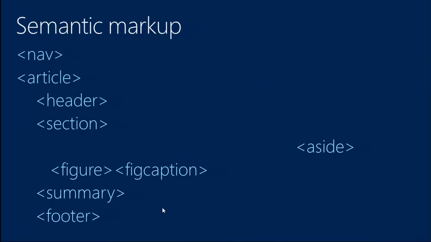Some would say that the article is the stuff that you want to syndicate if you were doing RSS, and everything else is just sort of fluff that goes around it. You have other sections like the nav section, which is where you put your navigation. There are summaries for sections, headers and footers inside of that. And then there's this aside tag that allows you to do sidebars inside of it. So this semantic markup is more oriented towards publishing kinds of ideas that will be presented on your page.